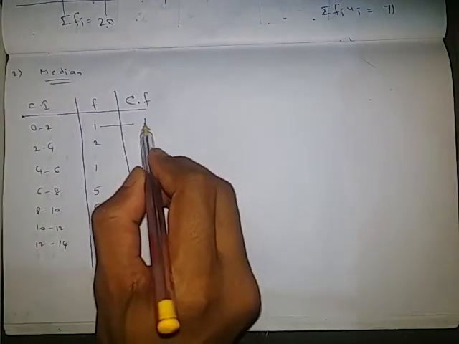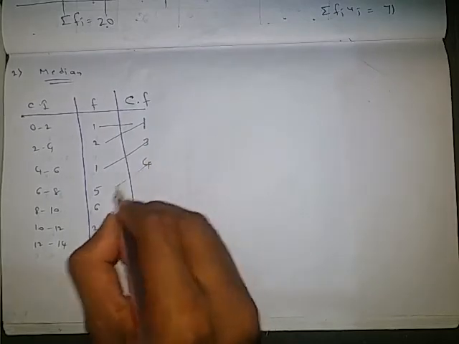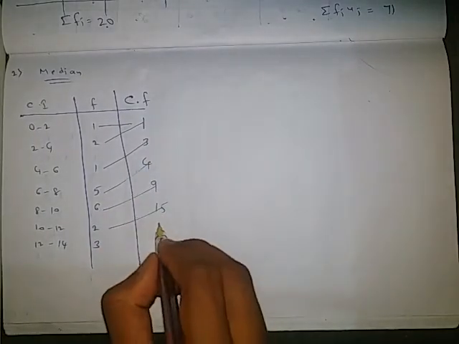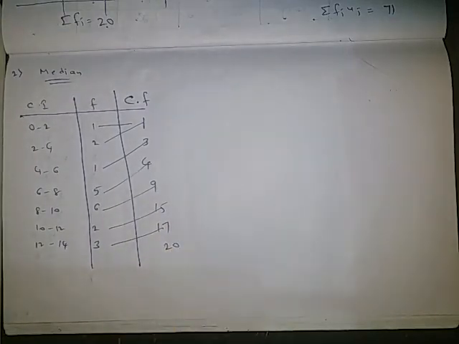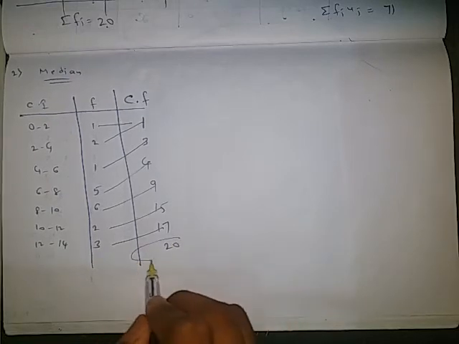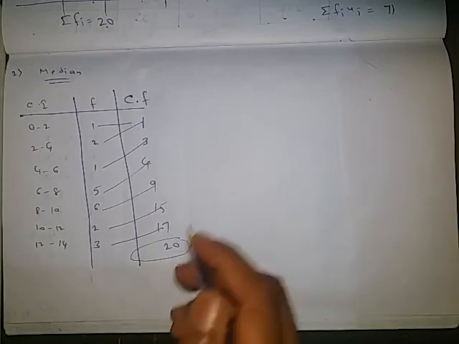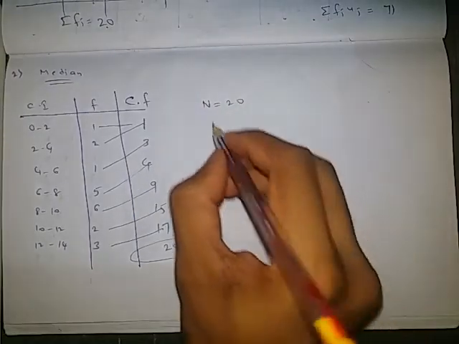Then keep on adding. 1 plus 2, 3. 3 plus 1, 4. 4 plus 5, 9. 9 plus 6, 15. 15 plus 2, 17. 17 plus 3, 20. Now check the last number which we got in the cumulative frequency, that is 20. That is n. N is equal to 20.